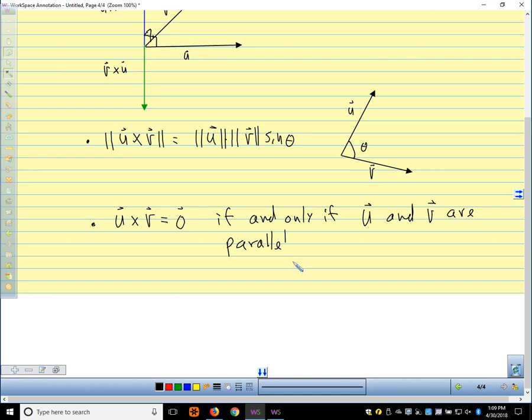What's another way that we say that two vectors are parallel? They don't necessarily have to be collinear. What about this kind of scalar? The scalar multiple of each other.